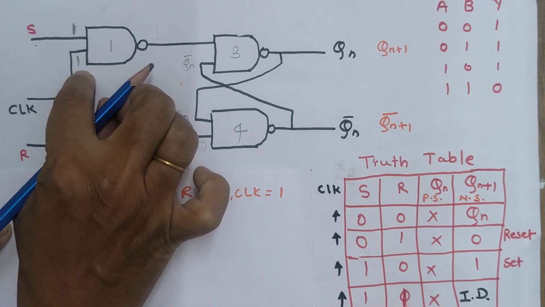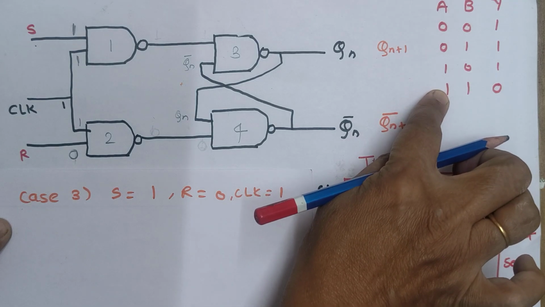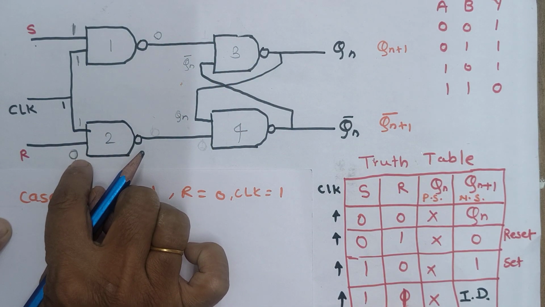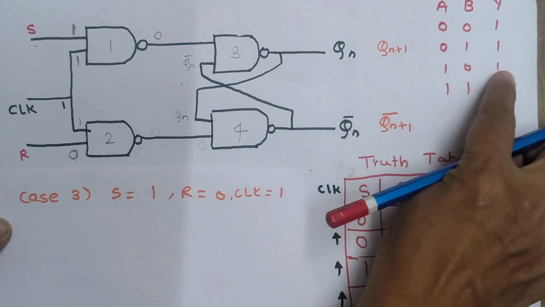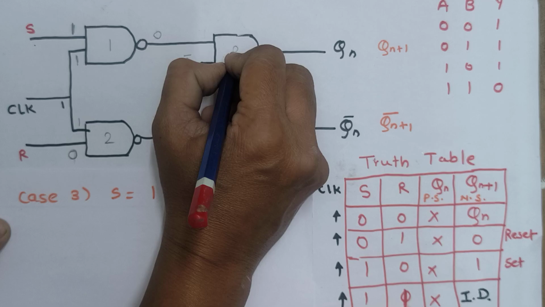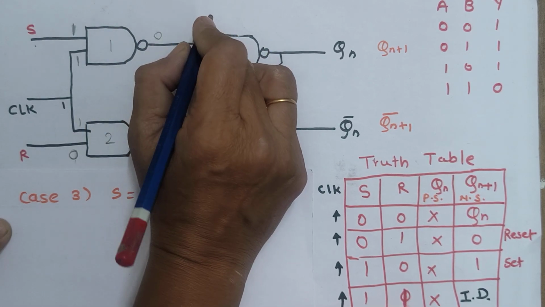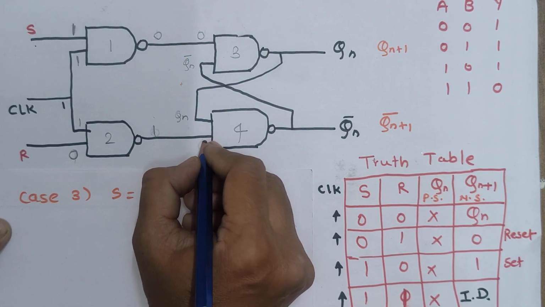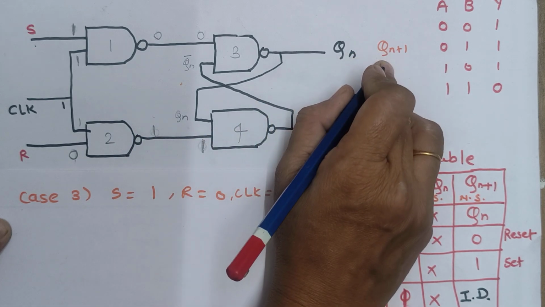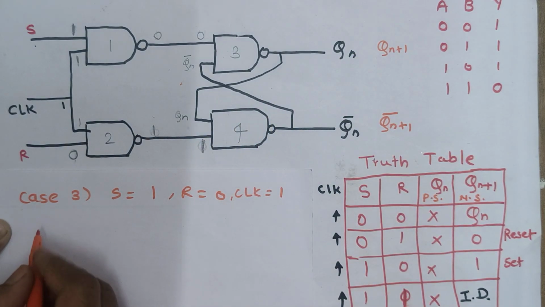If both the inputs are 1, according to the truth table of the NAND gate, the output will become 0. Here one input is 0, so 1 and 0 means the output will become 1. So for the third gate one input is 0 and comes as it is here, and for the fourth gate this one comes here. So what will be the next state output, that we will see.